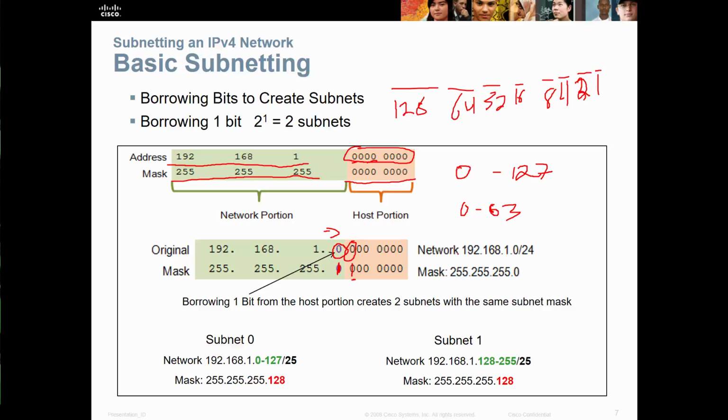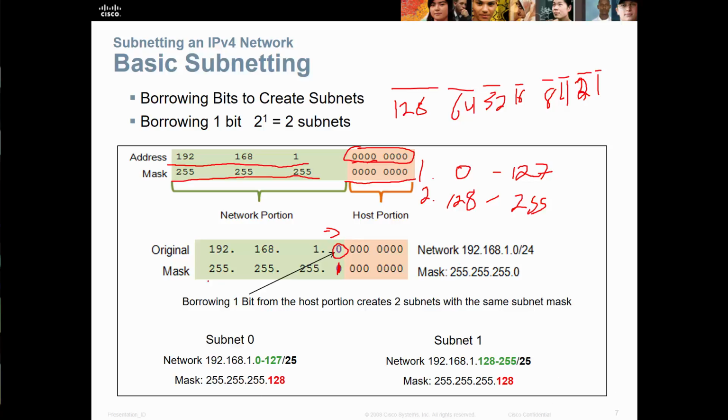So let's go back to the first example. So that means the first subnet will be this. The second subnet should be, because they're groups of 128. So that's how they get this.